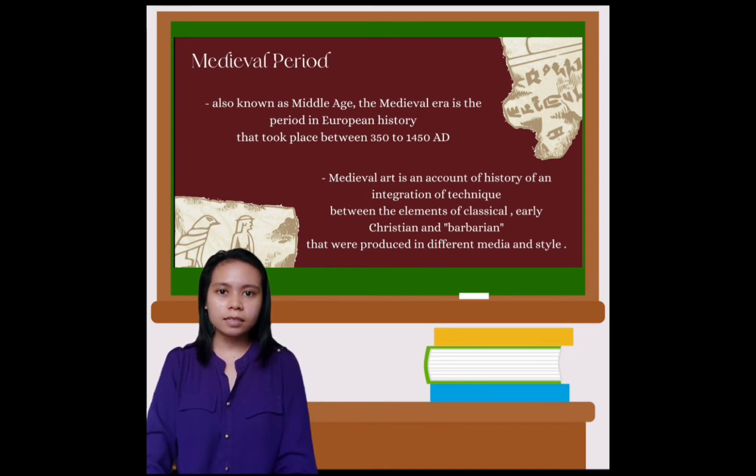In this case, middle means between the Roman Empire and the Renaissance. That is, after the fall of the great Roman state and before the rebirth of culture that we call the Renaissance.